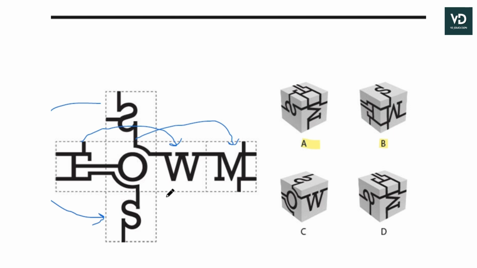Okay, so starting with part C, here we can see this part is related to this one and this is correct, but this is the top of the O shape, which has some edge here, but this shape doesn't have an edge here. Okay, so this will be the negative one.